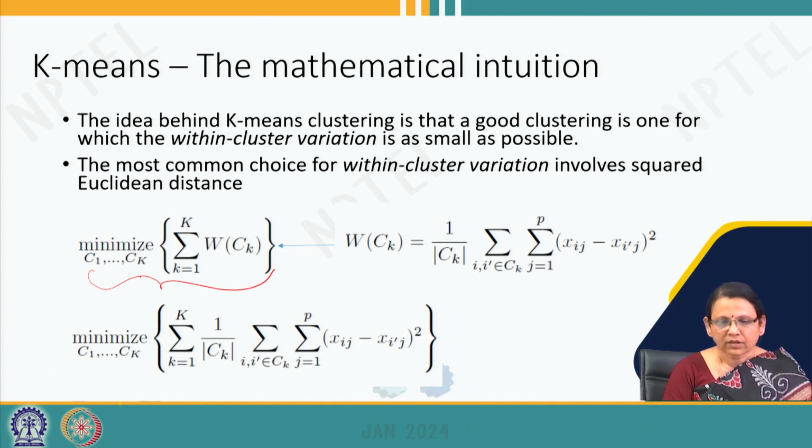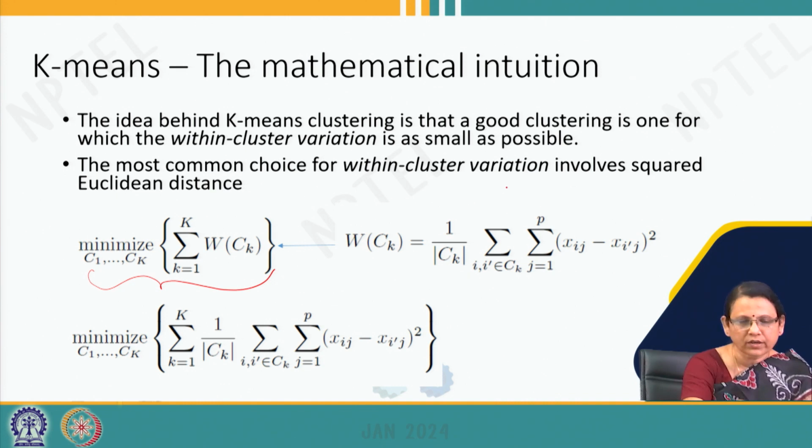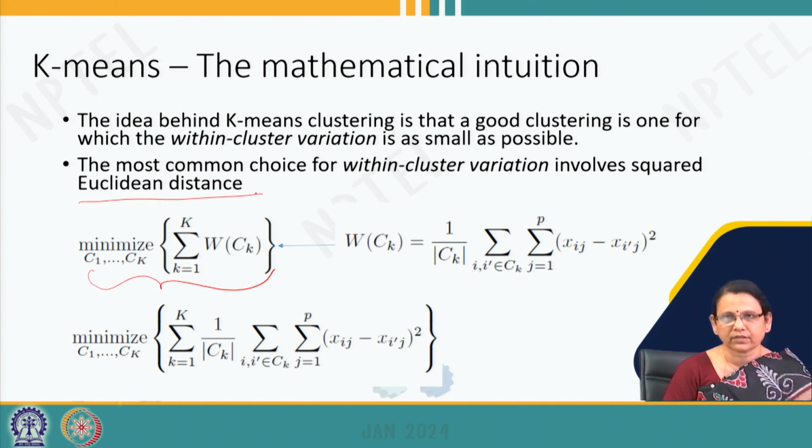As has been told, the most common choice so far is the Euclidean distance. In the next lecture, we will be talking more about distance functions, but Euclidean distance is a widely adopted choice, though other distance functions cannot be ignored as well. You can take other distance functions as well.